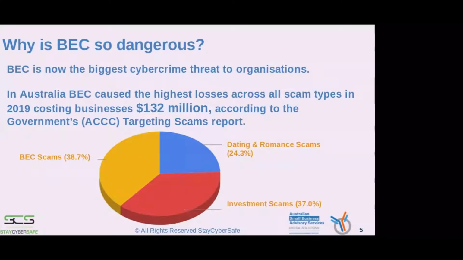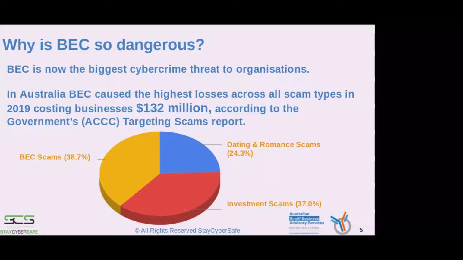So why is business email compromise so dangerous? Around the world, business email compromise, so I will refer to BEC very often, BEC is the biggest cybercrime threat to all organizations. In Australia only, BEC caused the highest losses across all scam types, for example, phishing, identity theft, investment scams, and the highest losses is only in BEC in the year 2019.